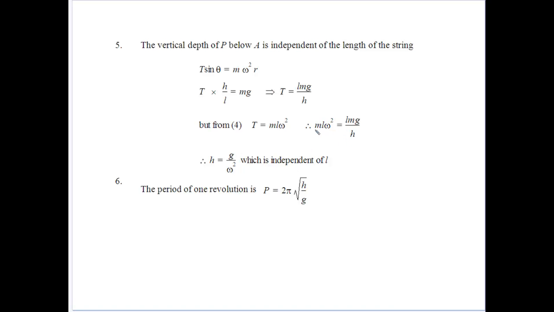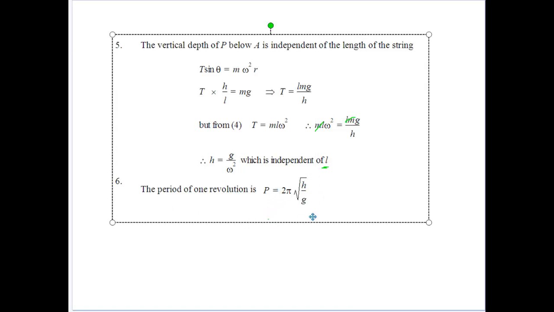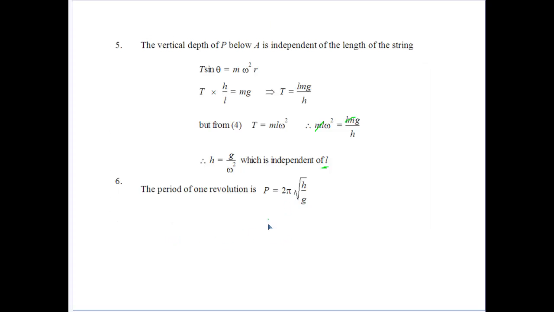We cancel m and L, and get omega squared is equal to g on h, or h is equal to g divided by the angular velocity squared, and that's independent of the length of the string. It's got nothing to do with it. And we can work out the period of revolution is equal to 2 pi times the square root of h on g from all that as well.